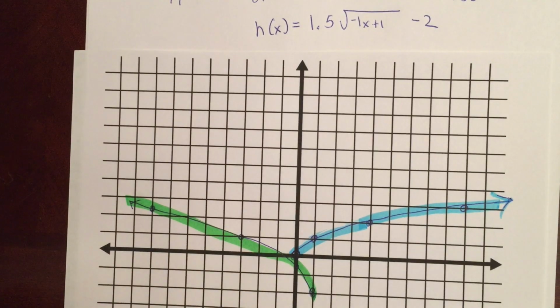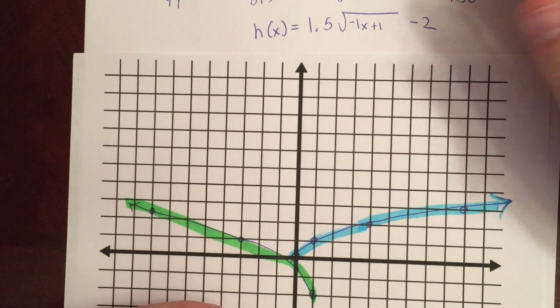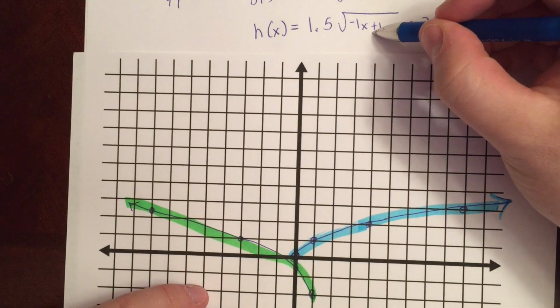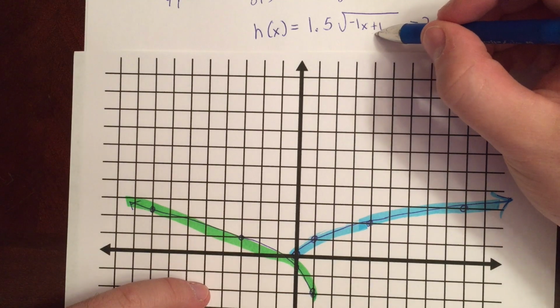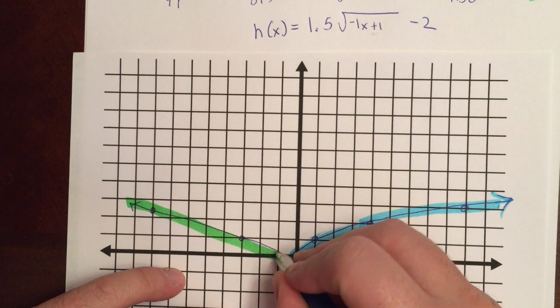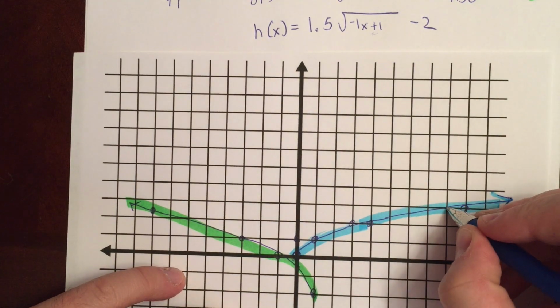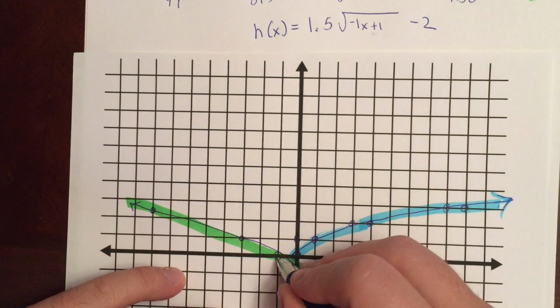All right, so we're going to take each part one by one based on the equation and see if we can do the things geometrically. First, this means we're going to move our original parent function to the left 1. So then the point goes here, here, here, and here.